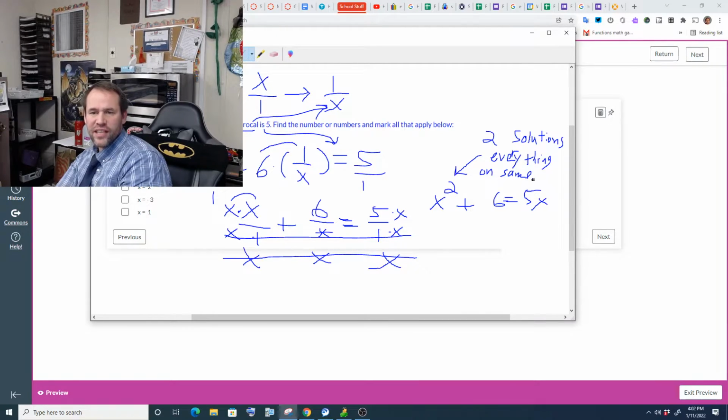And after we get everything on the same side, then we're going to factor it and get our final answer or answers. So we're going to minus 5x to the other side like this. Minus 5x does not combine with the 6 or the x squared, so we'll just leave it alone. And so that'll become a 0. And now we're just going to factor it and get our 2 answers.